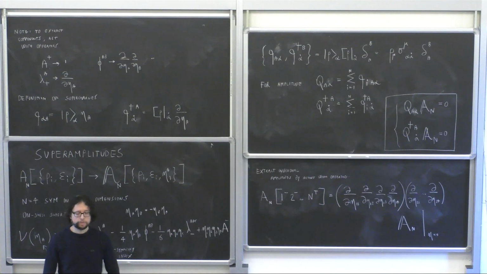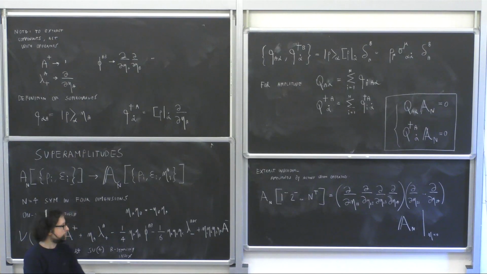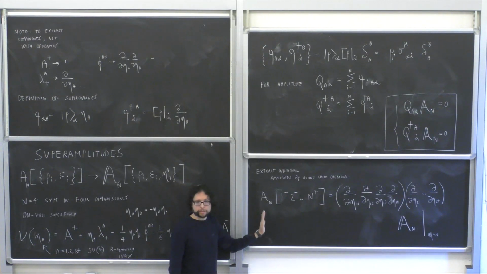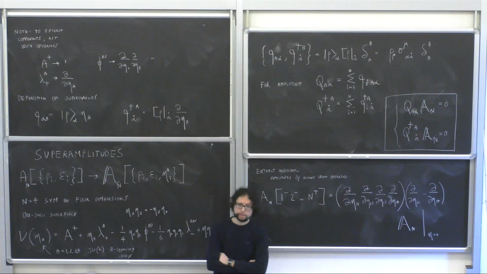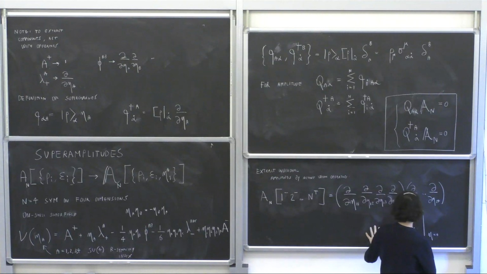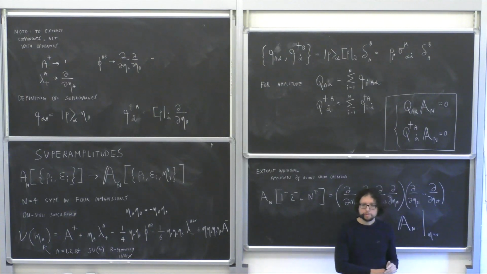Okay. So why are you acting with all 4 of them? You're only interested in the A part, the fermion part, so that's why you're acting with... This is an example, so I'm interested in everything. Yes, but since you're acting with all 4 of the differentials, you're only extracting the part of the superfield that is A minus. Yes, indeed. So this would be a minus, and then all the rest is plus, which here is just identities. And by the minus, you mean that your legs are all A fields, not the lambda fields.